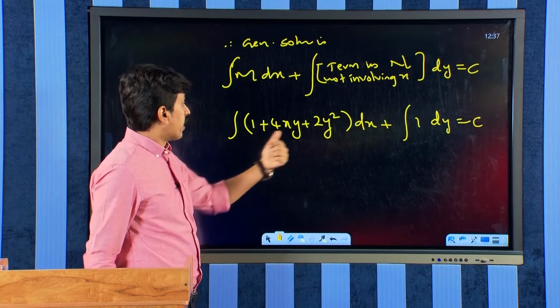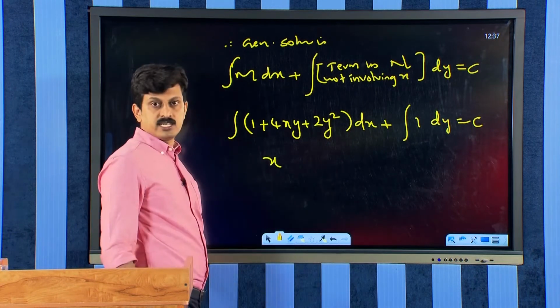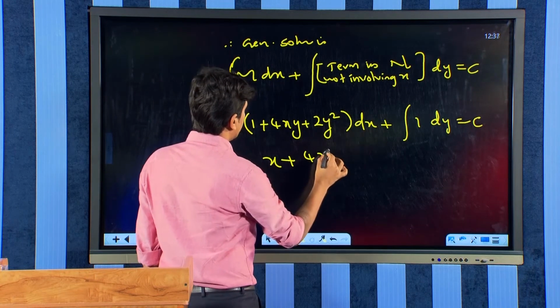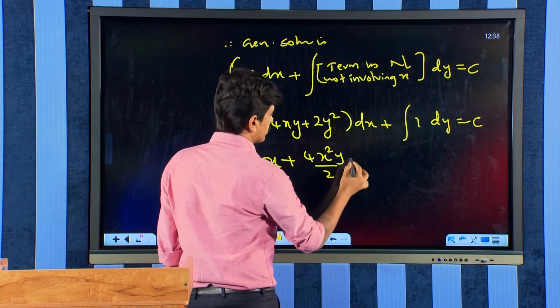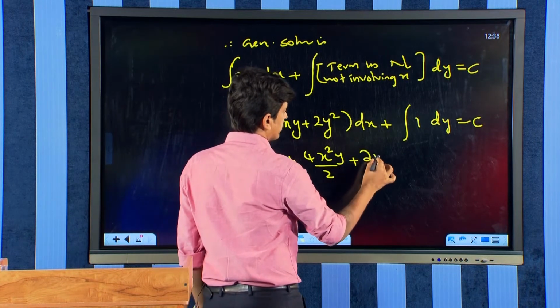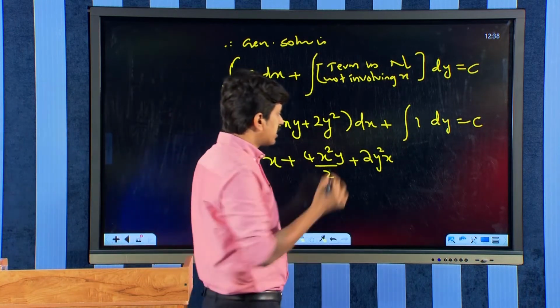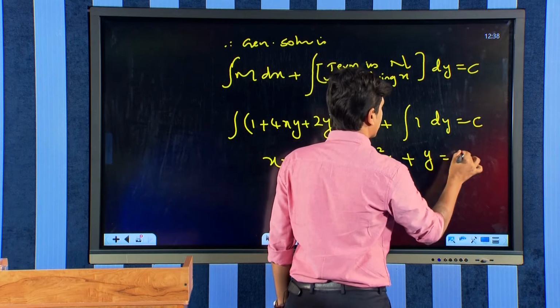Okay, fine. While integrating with respect to x, integral of 1 dx is x, integral of 4xy dx is 4x square y divided by 2, integral of 2y square with respect to x is 2y square x, and finally, we have integral of 1 dy, that is y, is equal to c.